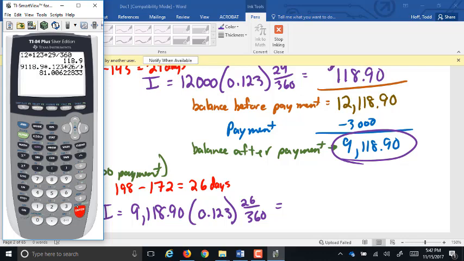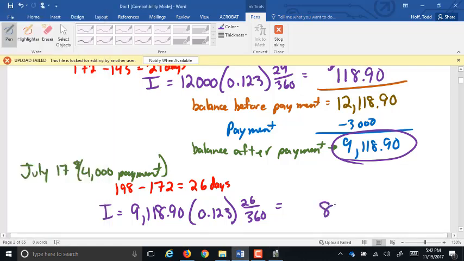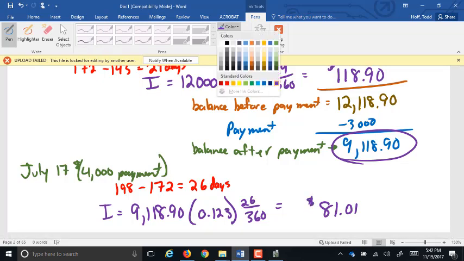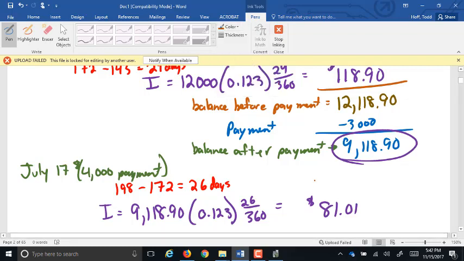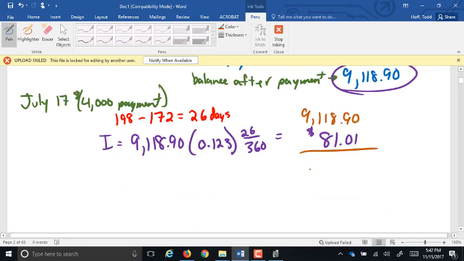That gives me $81.01 in interest. Look right? Sure. Sensing a lack of commitment there. I'm sorry. That's $9,199.91. That's our balance before the payment.